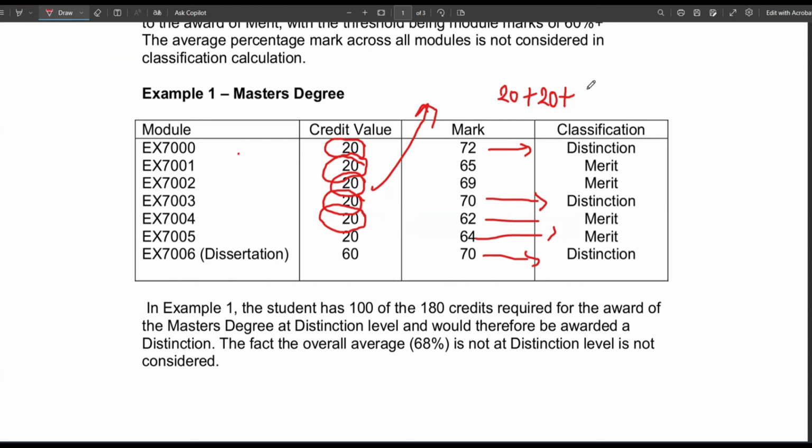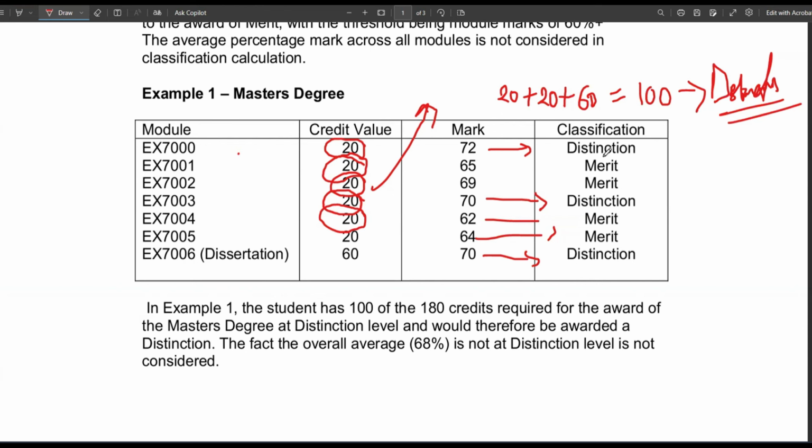So when you add that credit value to this, automatically it equals 100, which overall qualifies the person for a distinction grade. So this student will be graduating with distinction.